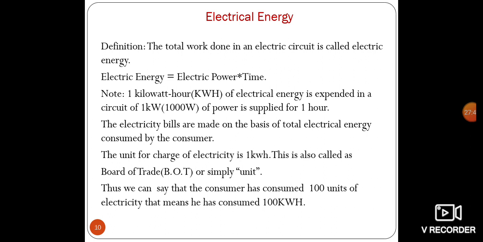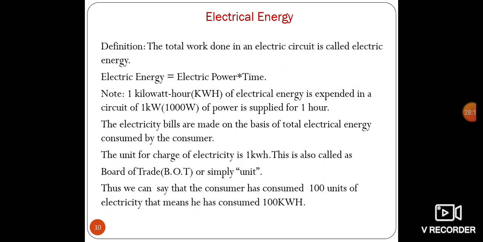Similarly, we have understood about EMF, electromotive force. Electromotive force is the electrical energy which is used to maintain the potential difference. Any device that maintains the potential difference is said to generate electromotive force.